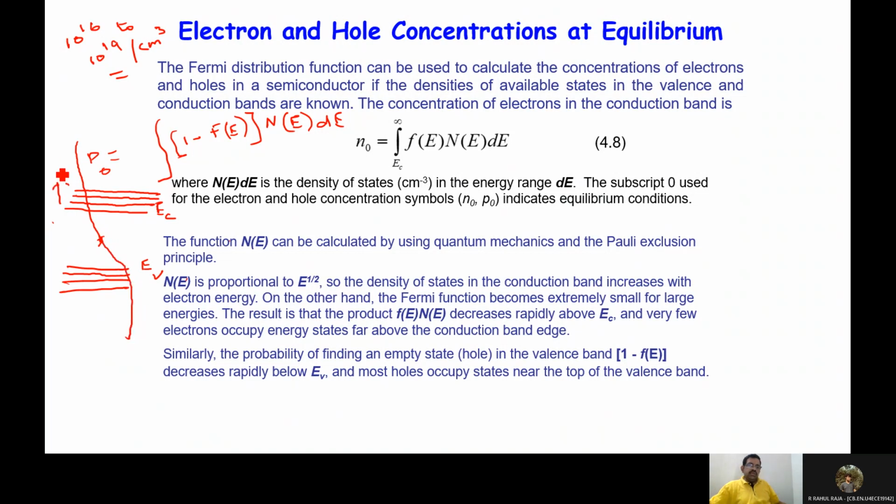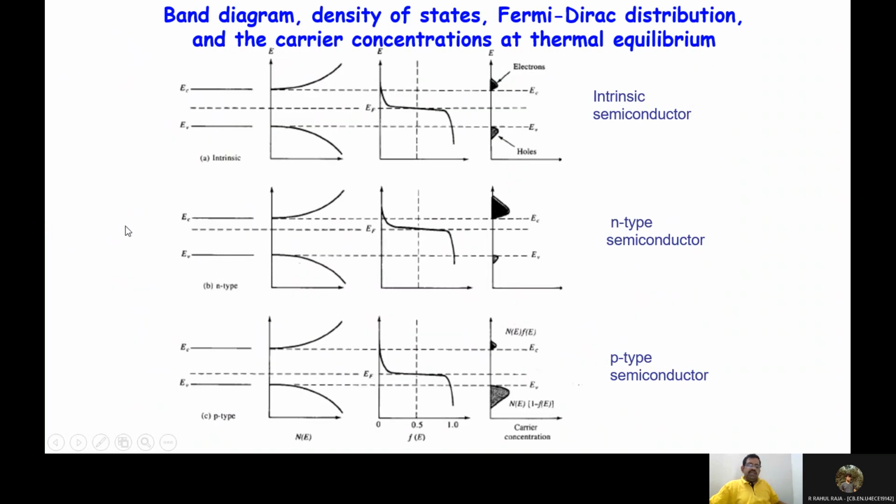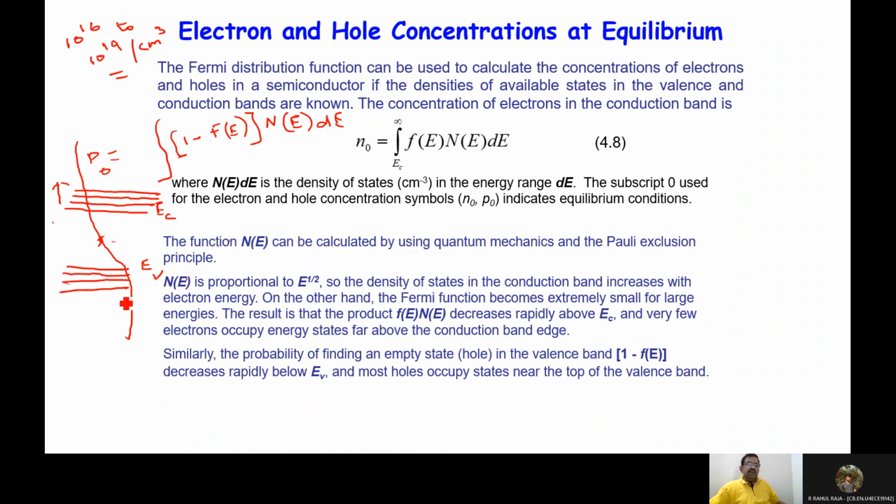For an intrinsic semiconductor, the Fermi level will be at the midpoint, close to mid gap. I call it EFi to make it very clear; the i stands for intrinsic. But if it is an extrinsic semiconductor, if it is N type, it will be here, and if it is P type, it will be here.